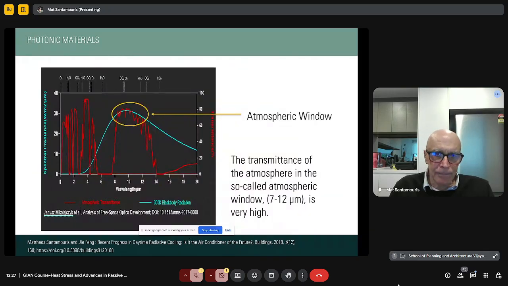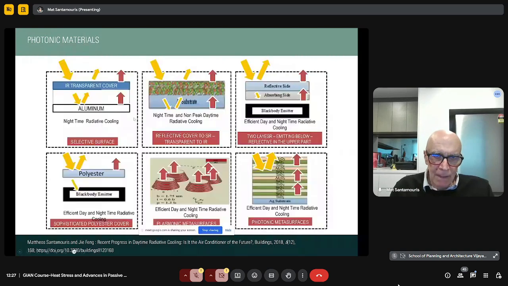This was the idea, and it means these materials should emit a lot in these wavelengths, in the atmospheric window. You see, for example, the emittance and the transmittance of these materials. In the atmospheric window, these materials have a very high emissivity.